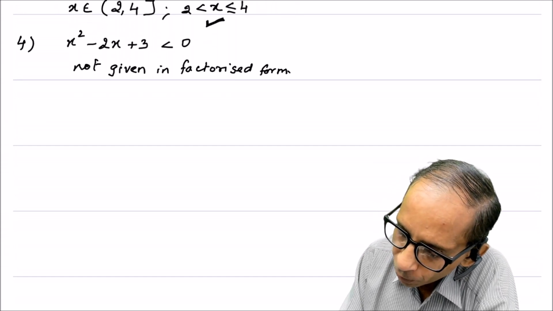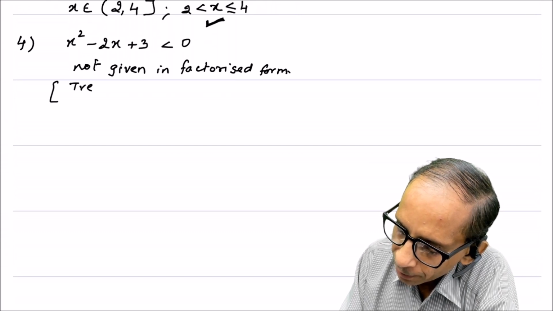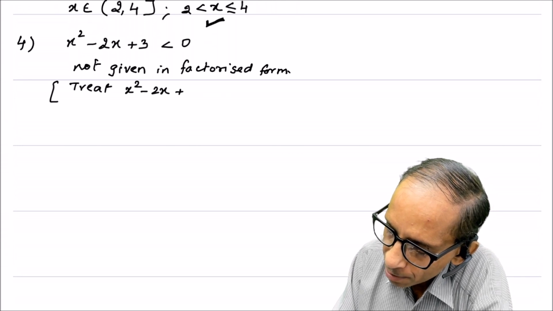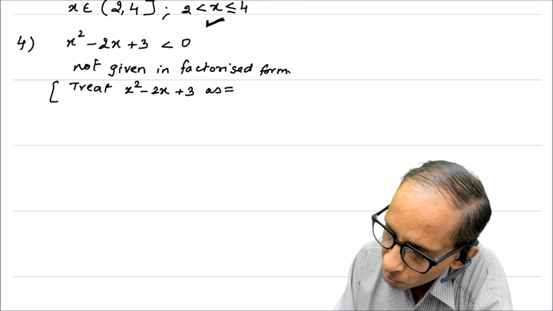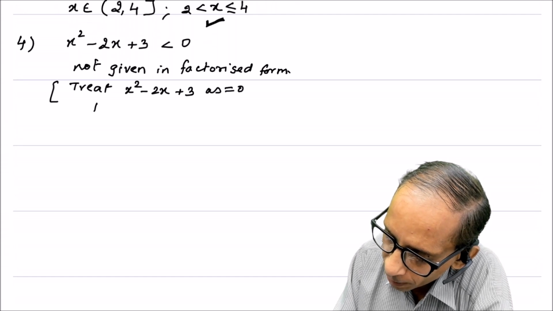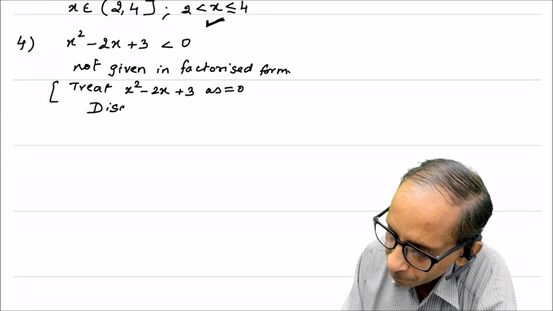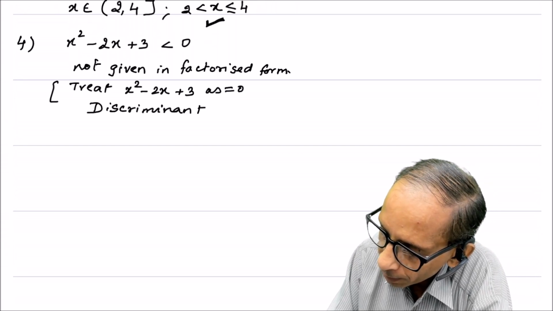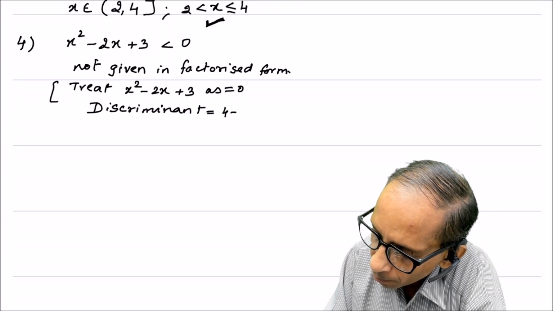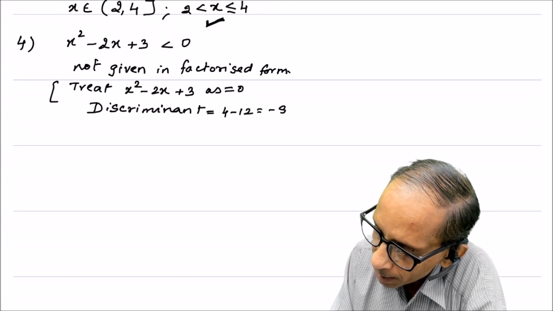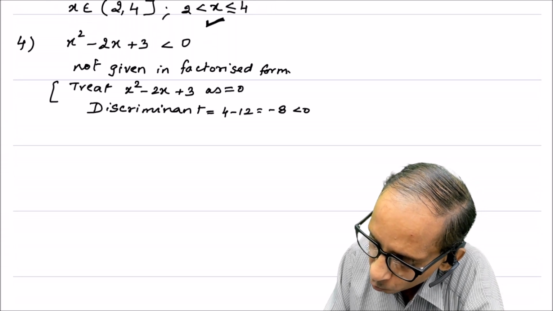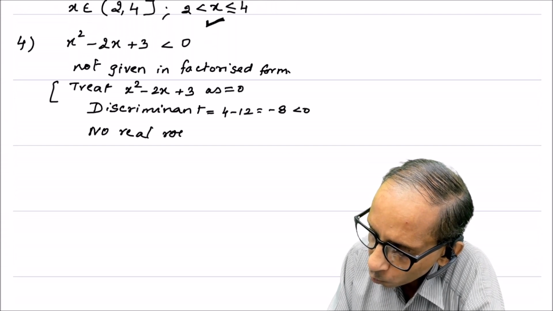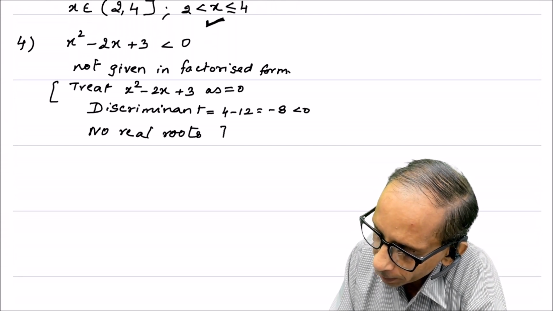So what we do is treat x square minus 2x plus 3 as equal to 0. Then we find that the discriminant is 4 minus 12, that is minus 8, less than 0. So we don't get any real roots for this quadratic.